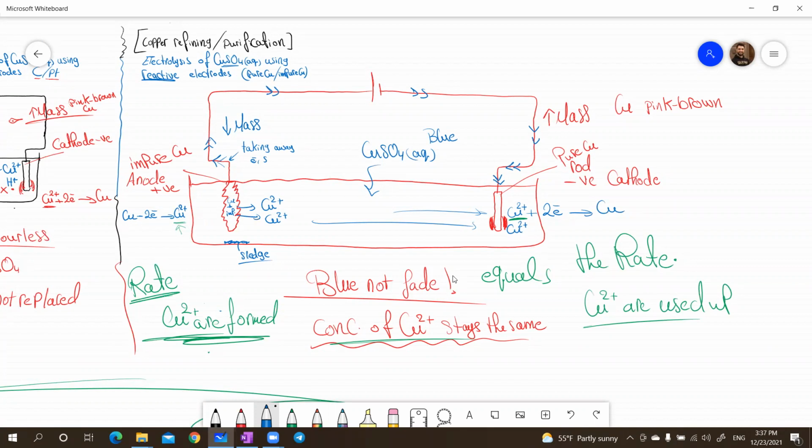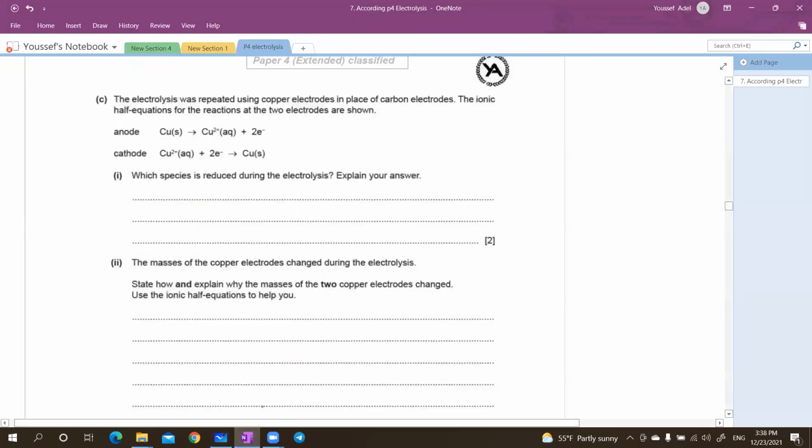So the anode loses mass and the cathode becomes bigger. And the concentration of the solution doesn't change, and the blue color remains, because the rate of the formation of the copper ions at the anode is equal to the consumption of the copper ions at the cathode. They happen at the same rate.